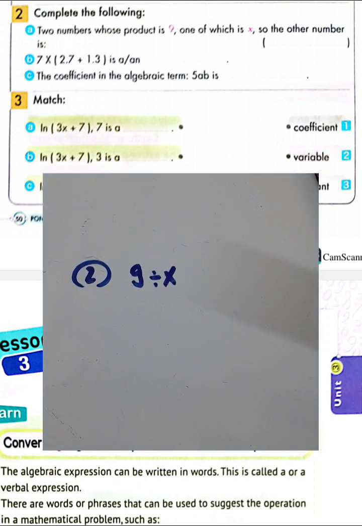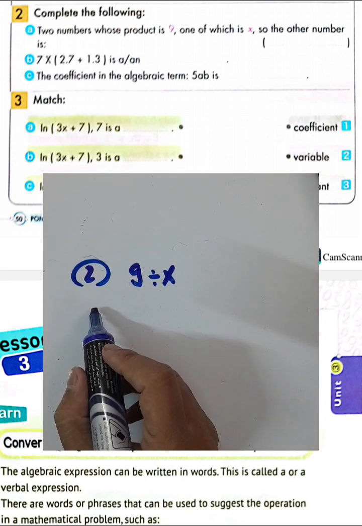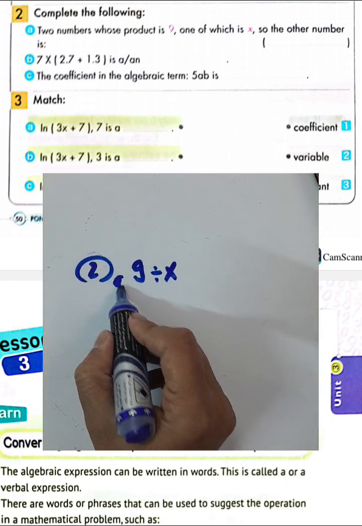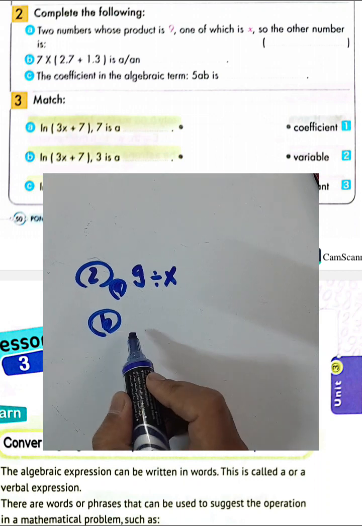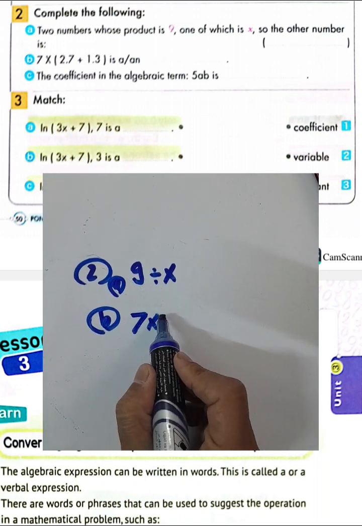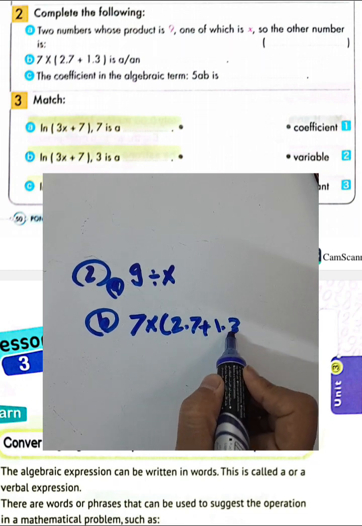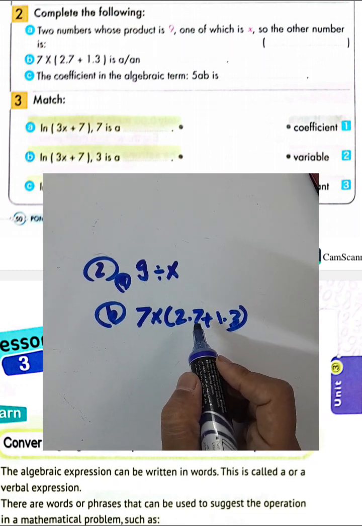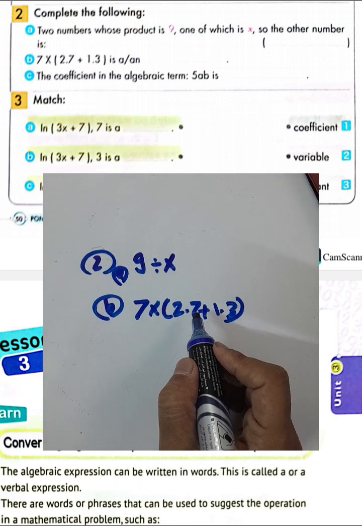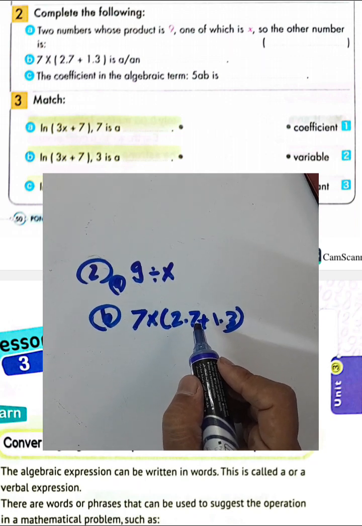Okay, understood this method? Question number 2, letter B. 7 multiplied by 2.7 plus 1.3. We call it a numerical expression.